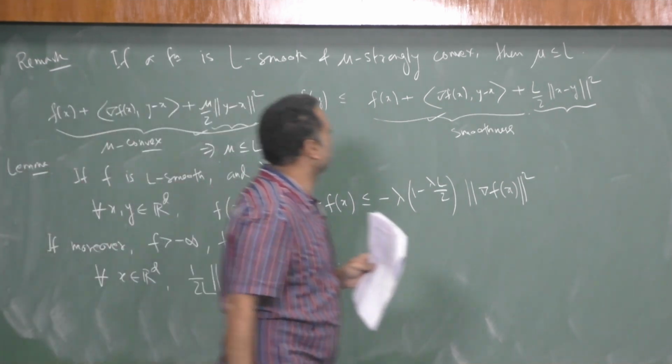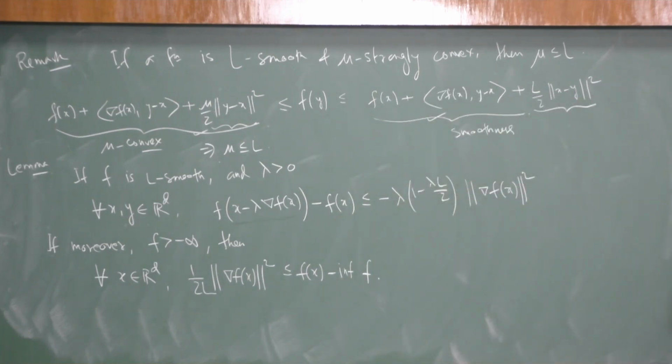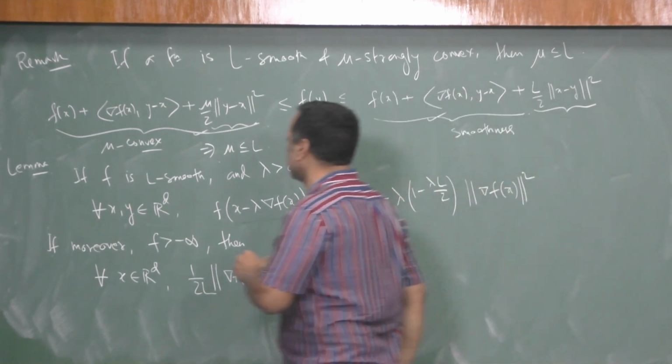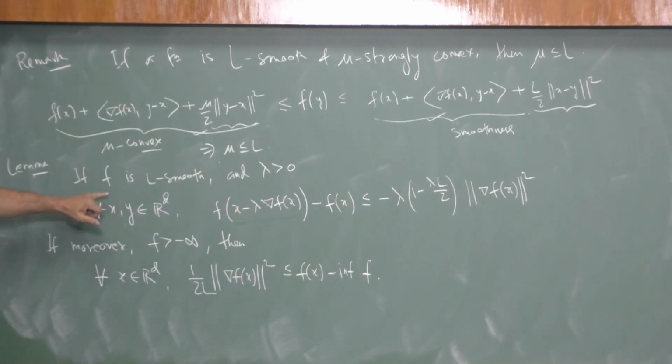So if we look into the smoothness, since f is, and this result is in fact given to be L smooth only, right? So certainly I'm going to use the smoothness only. The condition is only L smooth. It did not say anything about mu strongly convex, so I have to look into the smoothness inequality.